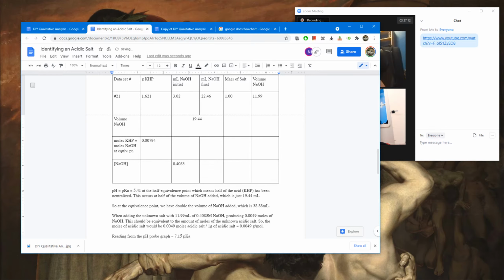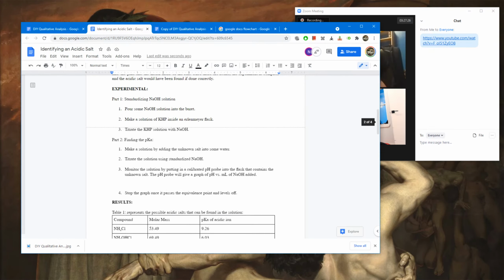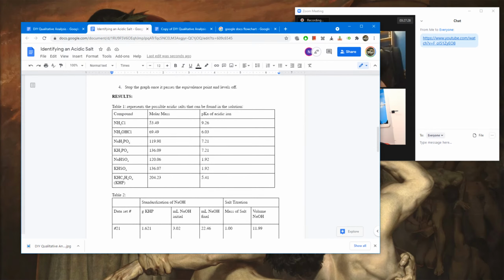That's the molar mass of the salt. So the molar mass of the salt is 0.0049? Yeah, I believe so.